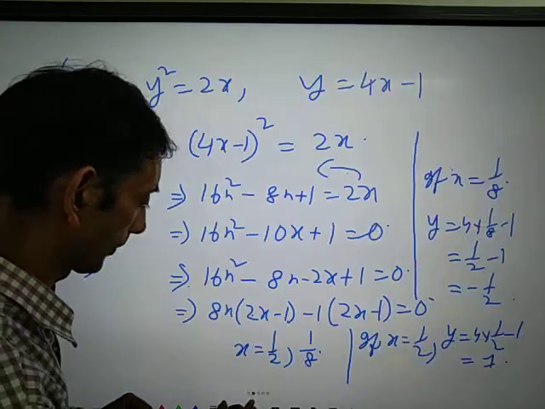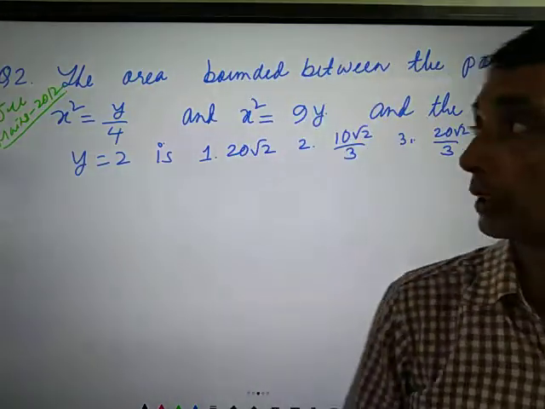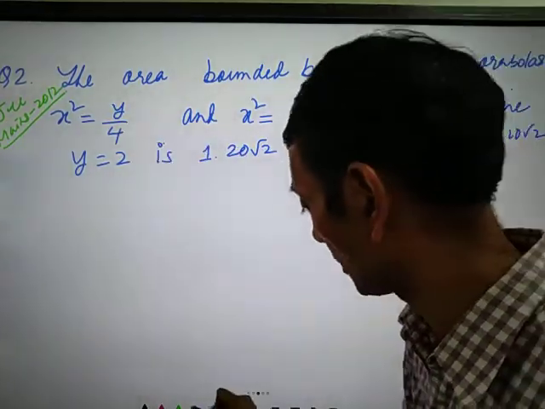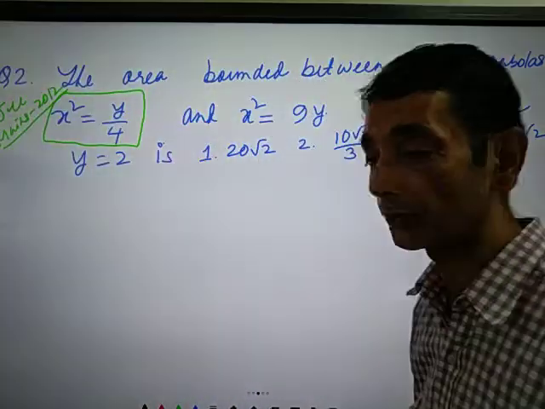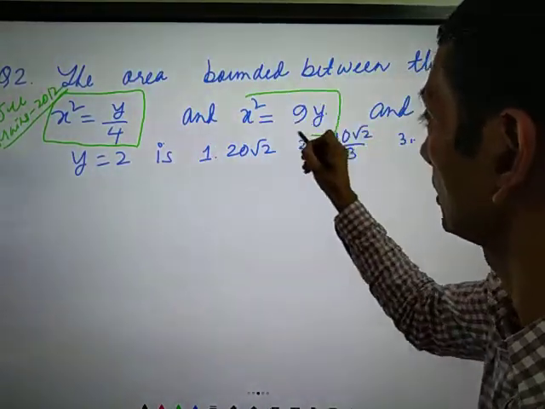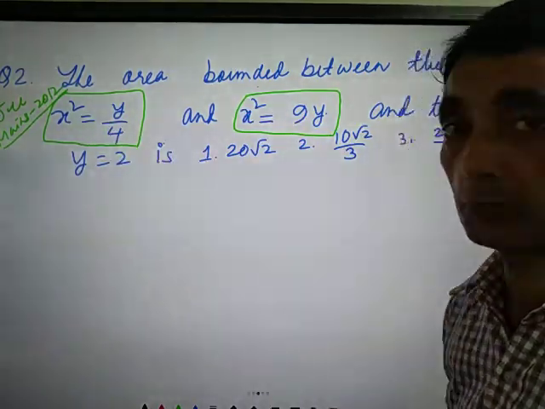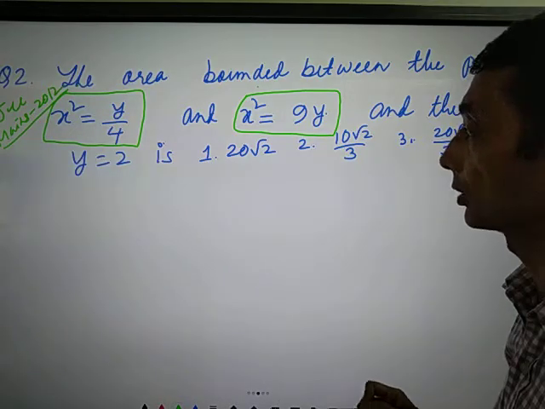The area bounded between the parabolas x square is equal to y by 4 and x square is equal to 9y and the line y equal to 2.